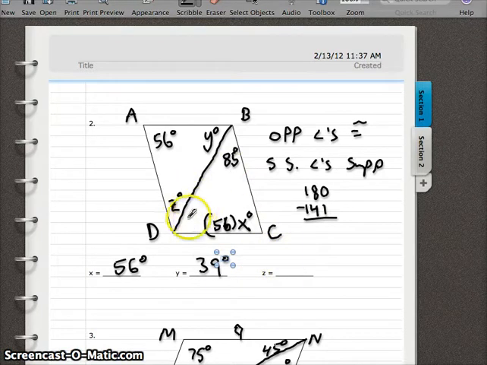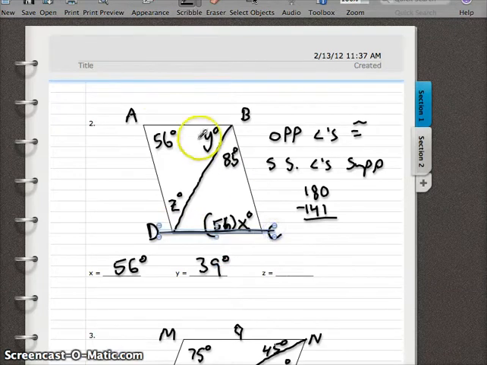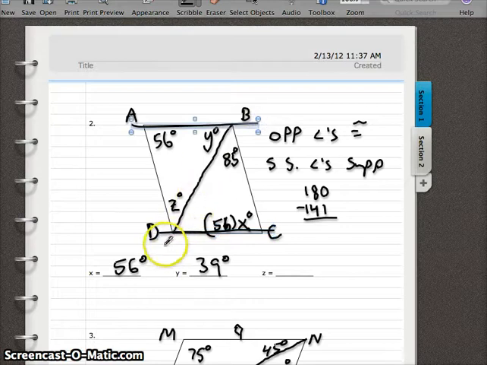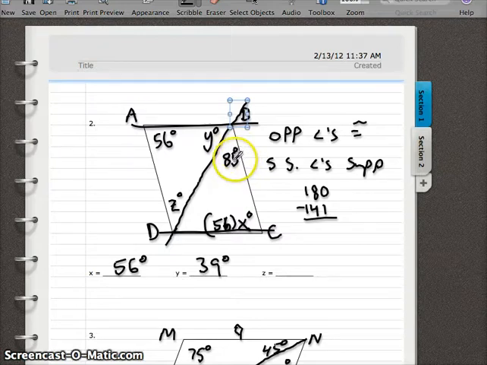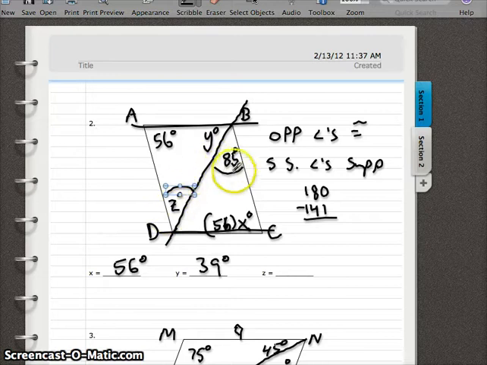Now z is kind of tricky here. We can do it a couple of different ways. I'm going to show you one way in particular though. If you think back to parallel lines, we know that this side is parallel to this side. If parallel lines are cut by a transversal, then we know that alternate interior angles are equal. Well, we have right here this angle and this angle. Those are alternate interior angles, so they must be equal.